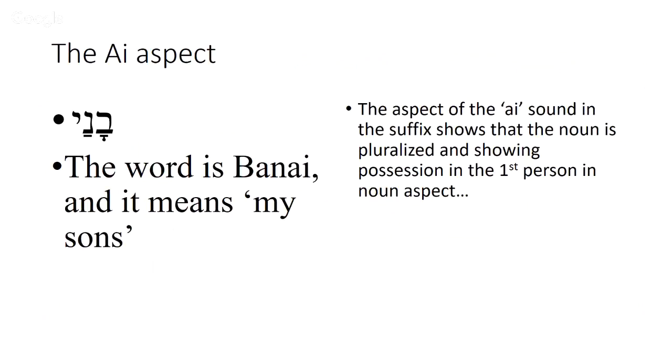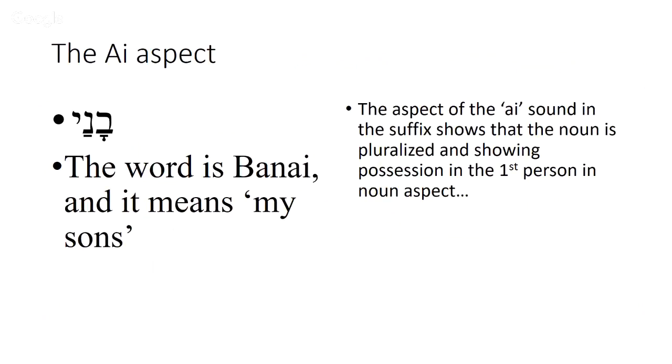The word there is banai. The word itself means my sons. The aspect of the I sound in the suffix shows that the noun is pluralized and showing possession in the first person in the noun aspect.